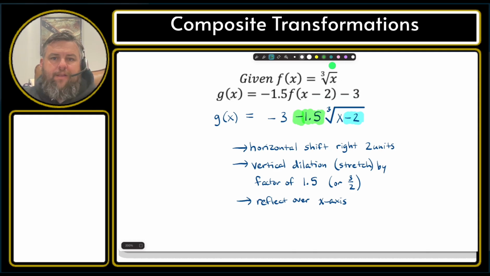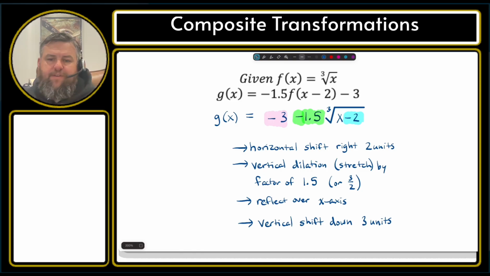Last, we're going to look for any vertical translations. Remember we had minus 3 at the front. We could say that that is a vertical translation or a vertical shift down 3 units.